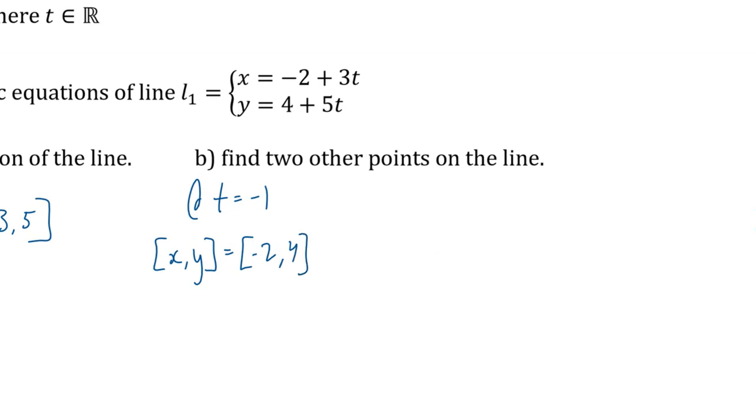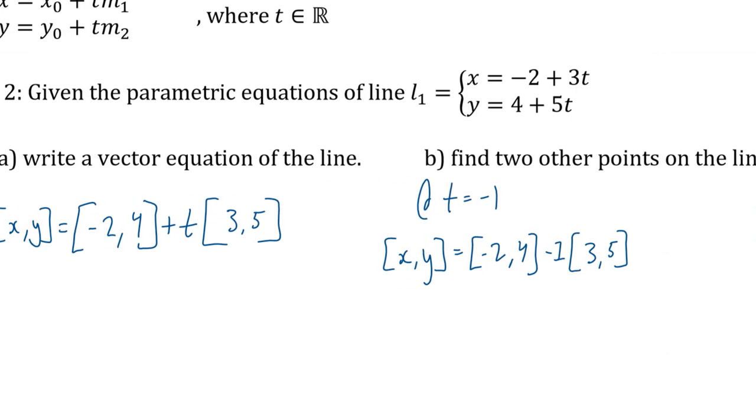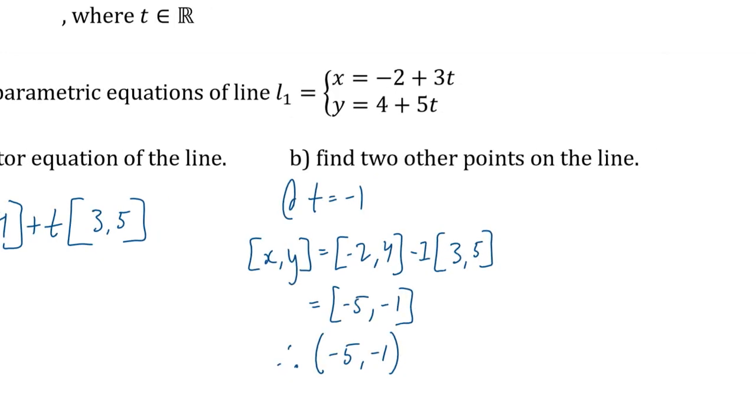So t is -1, so -1 times (3, 5), just using vector form there, which equals (-2 minus 3, 4 minus 5), which is (-5, -1). So again, we have to turn this into a point. Really important. (-5, -1) is my point.